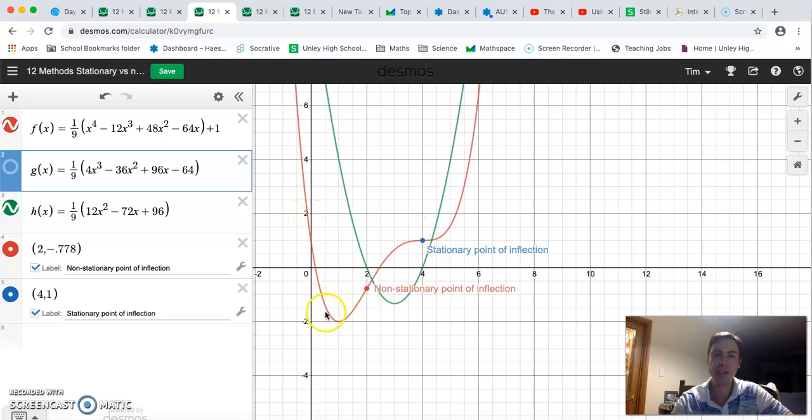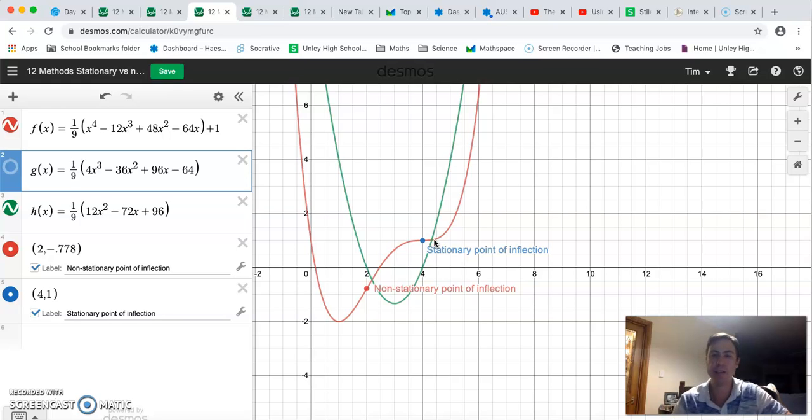Where we have concave up shape, that means the gradient itself is increasing across that domain, which gives us a positive second derivative. Where we have concave down, the gradient itself is decreasing.